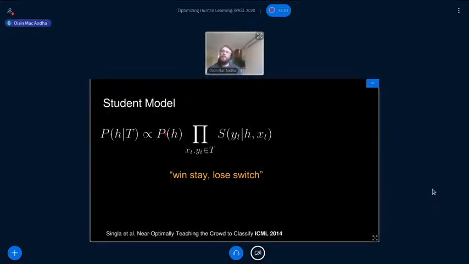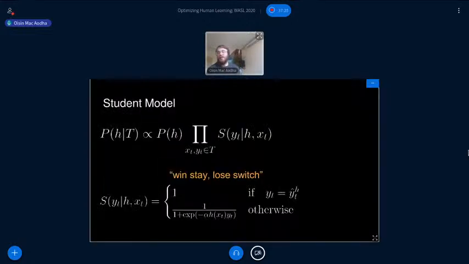Okay, in the very simplest terms, we're going to have some prior over hypotheses. So there might be some prior preference towards particular types of hypotheses rather than others. And then we're going to model another term, which is basically saying how much does a given hypothesis H agree with the examples that have been seen to date. Okay. And so the simple intuition here is that if the prediction from the hypothesis agrees with the ground truth label, then the learner is not really going to change their mind.